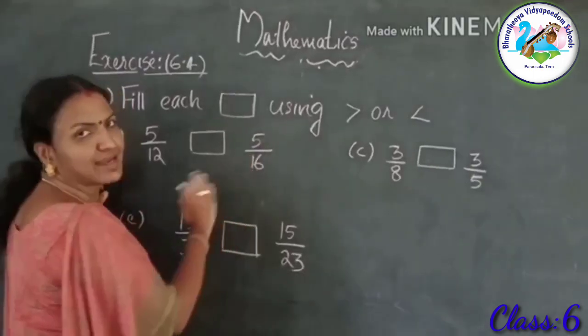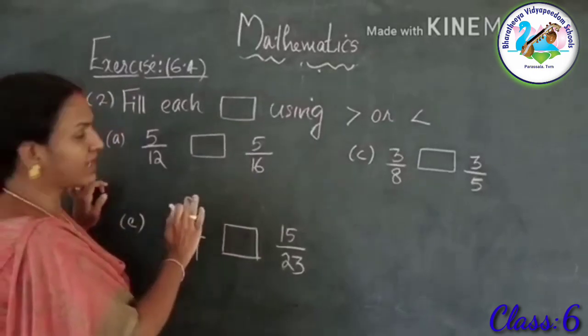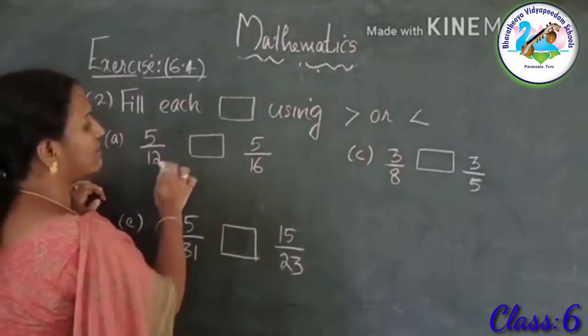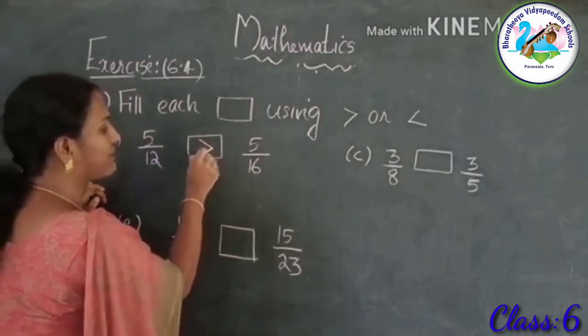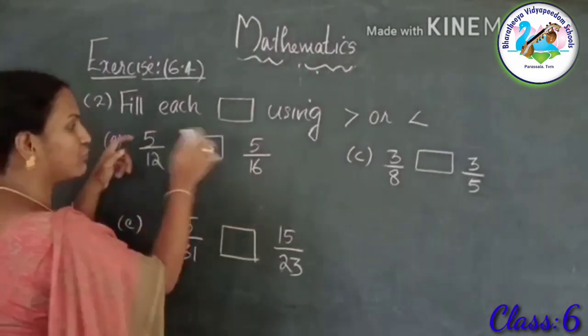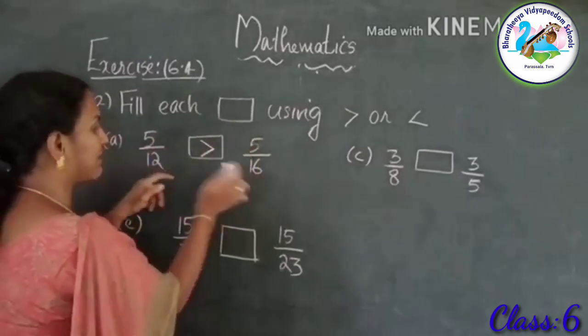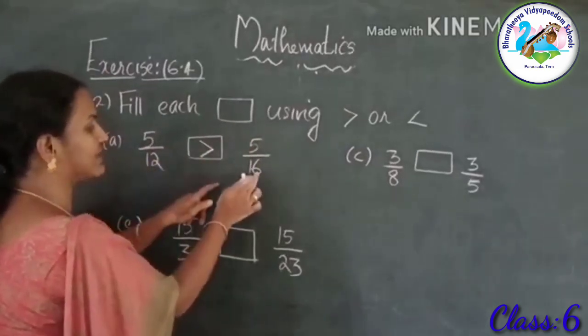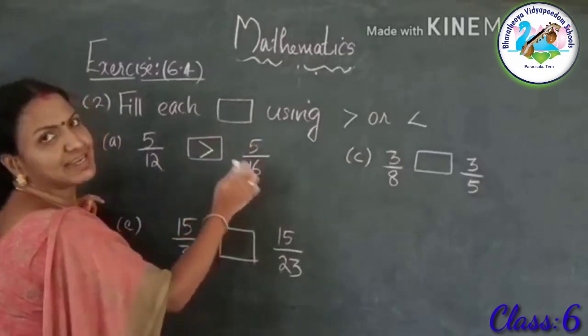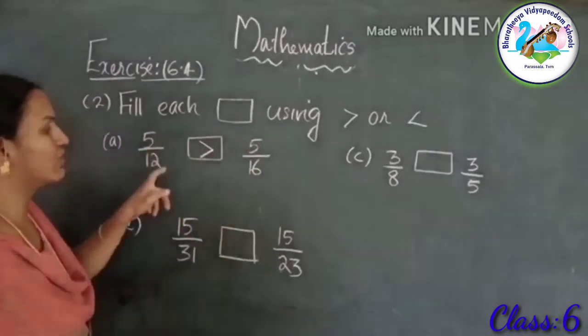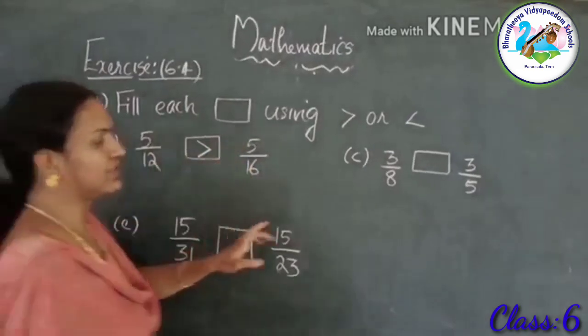Which is greater? 5 by 12 is greater. If the numerators are same, compare the denominators 12 and 16. The greater denominator is the smaller fraction. So 5 by 12 is greater than 5 by 16.